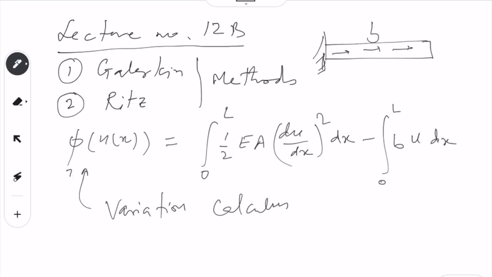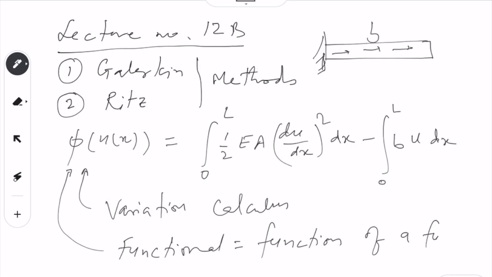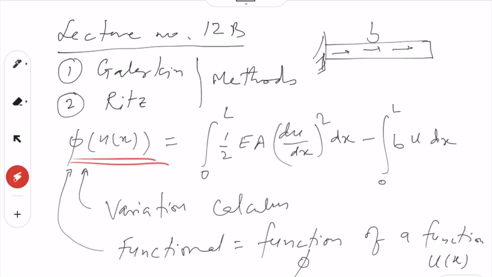So this is nothing but what you call a functional, meaning a function of a function. The function here is phi, the potential energy, and the function it depends on is u(x). So basically this is a functional of the function u, which varies with x.